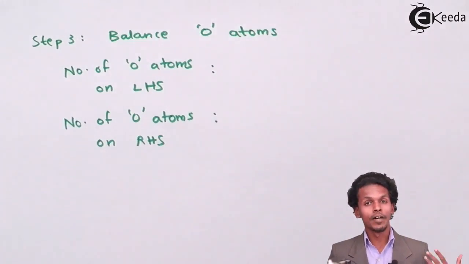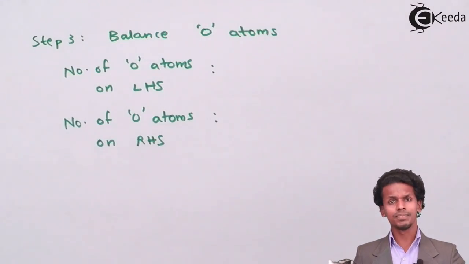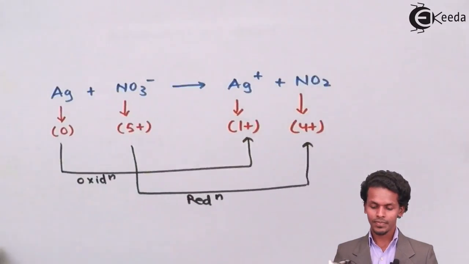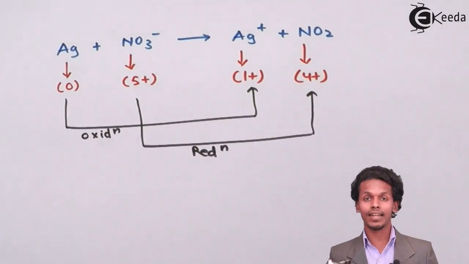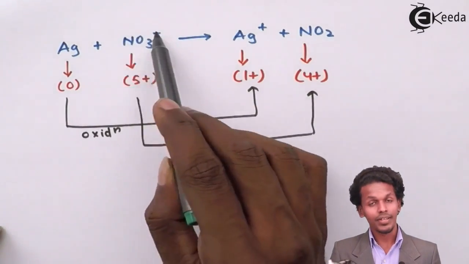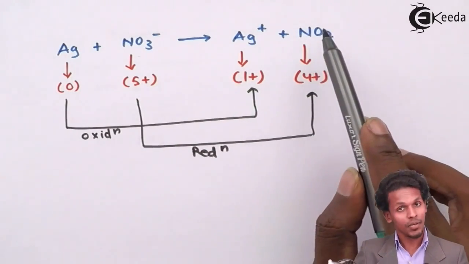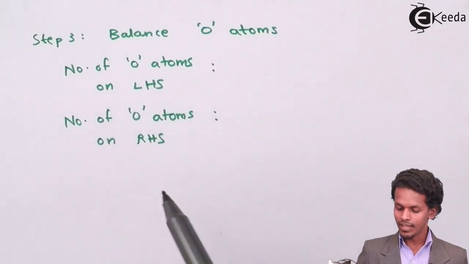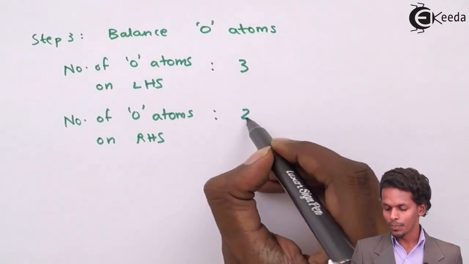Taking a preview of the last balanced equation, we got to know that the number of oxygen atoms on the left hand side, that is on the reactant side, is 3, while that on the right hand side, the product side, is 2.